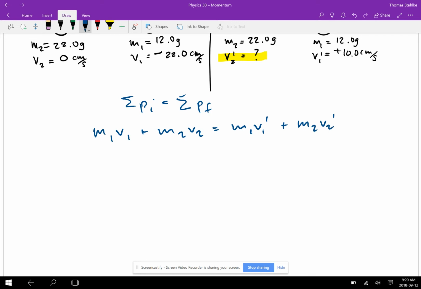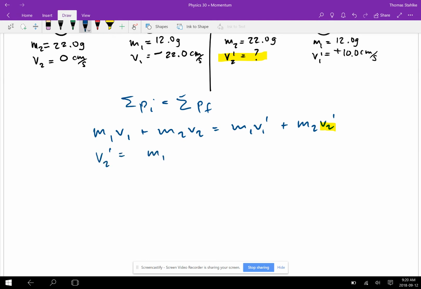So the objects are independent before the collision and independent after the collision. And we can see that it is the velocity 2 after the collision that I need to solve for.